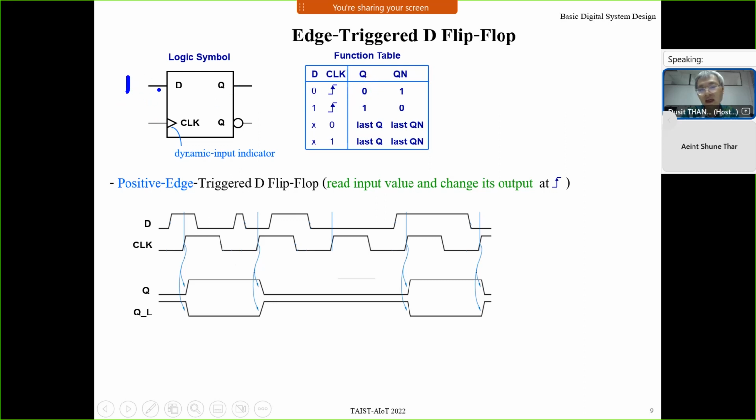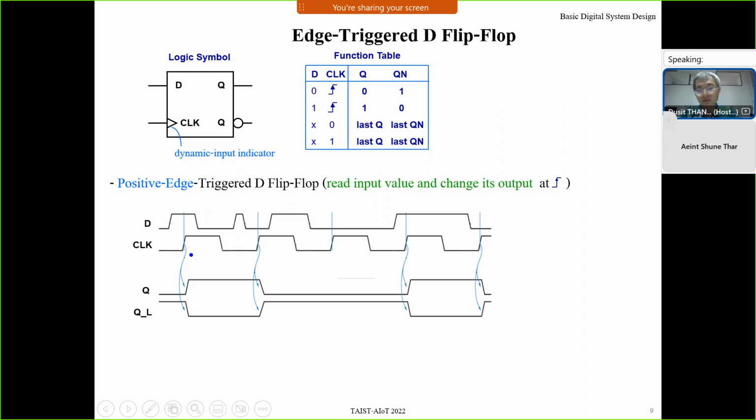If data at input D is 1, when clock ticks, Q changes to 1. For constant level, low or high, nothing changes. That means the present value of Q will be the same as the last value of Q.